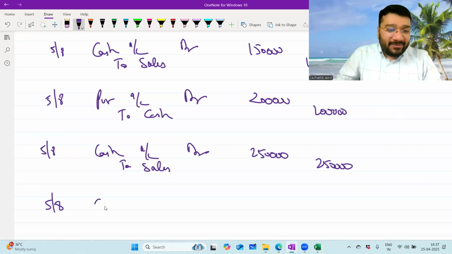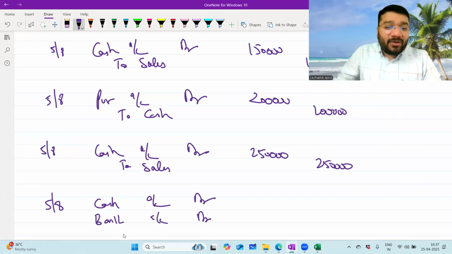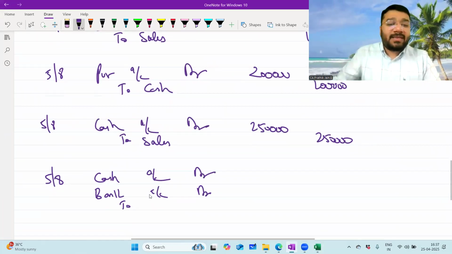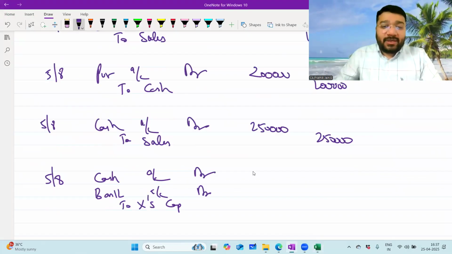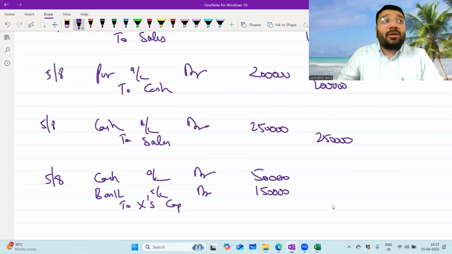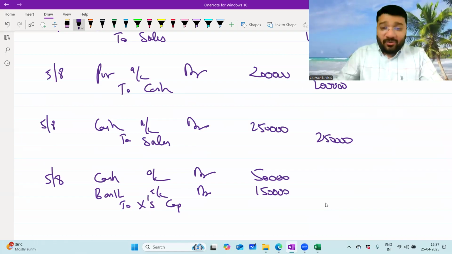Cash account debit, bank account debit to capital or excess capital, anything is fine. 50,000 plus 1,50,000, so total 2 lakh.